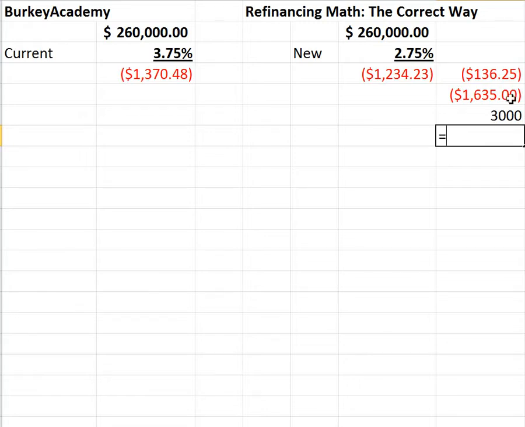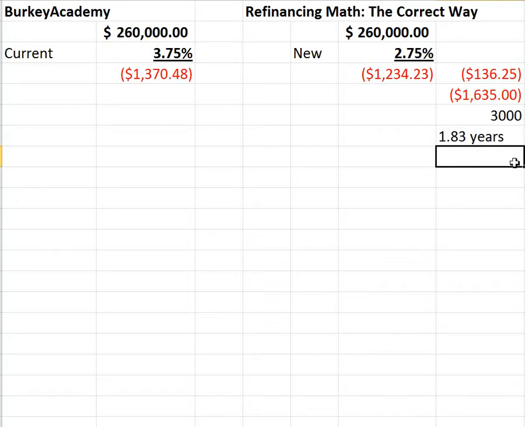Equals $3,000, which is how much it cost me, divided by how much per year I'm going to be saving on my payment. Should not be in dollars. This should just be 1.83 years. So let me just retype that: 1.83 years to break even, to recover your money.